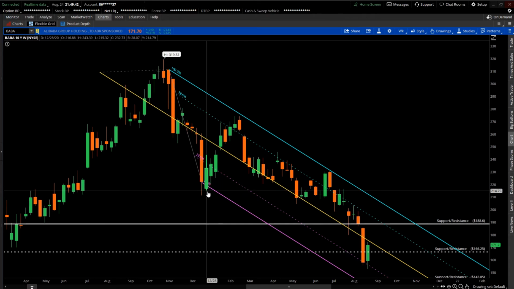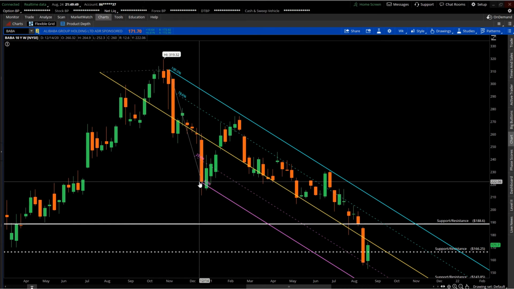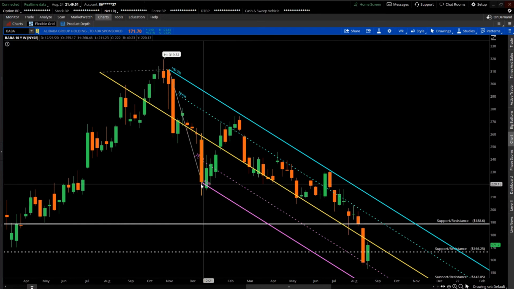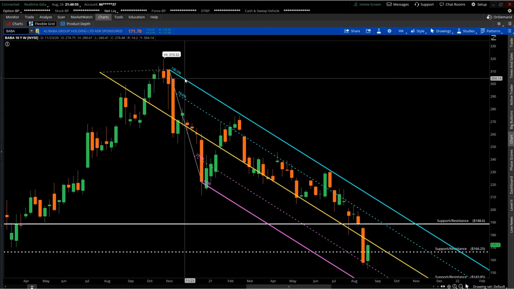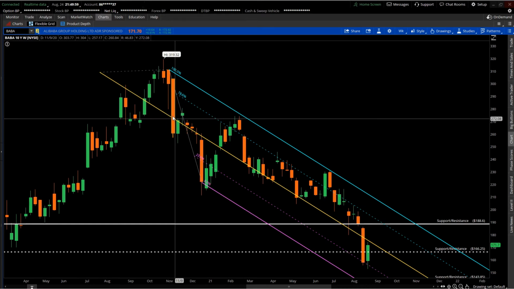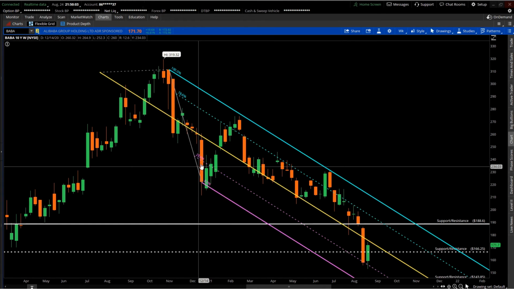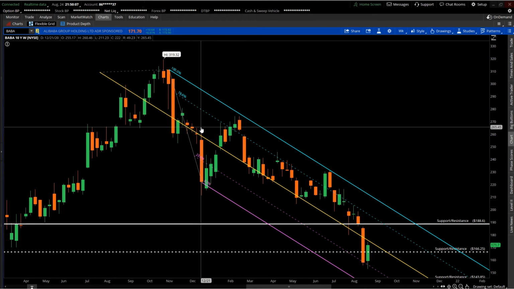Similar to the Fibonacci retracement tool, we have the purple as the support, which is 0, and the top channel, or the blue, is the 100%. In the middle is the yellow, or 50%, and in between those two, we have the 25 and 75% retracement.